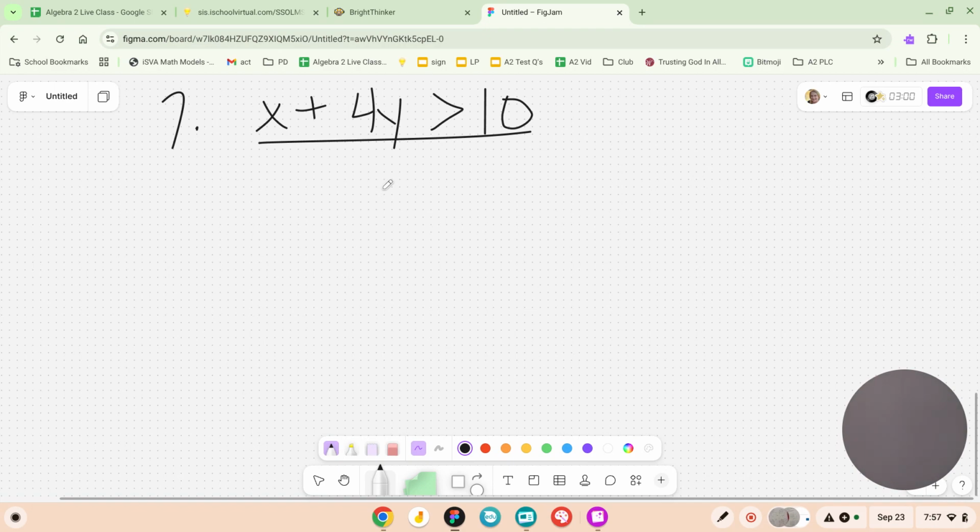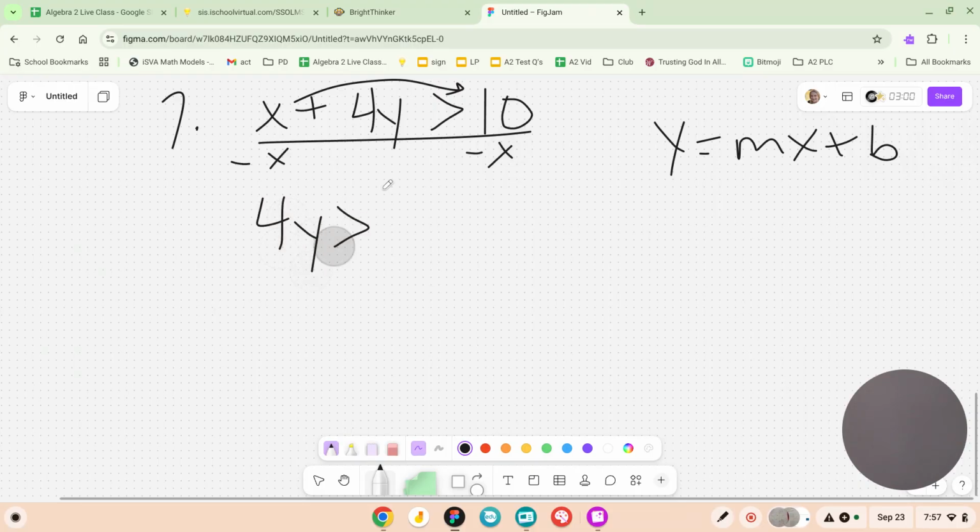So I'm just going to put this into y equals mx plus b so I can even see what it looks like. So I'm going to move over my x, minus x, minus x. So I'm going to say 4y is greater than -x plus 10. And I'm going to look at getting my y by itself by dividing by whatever's in front of it.